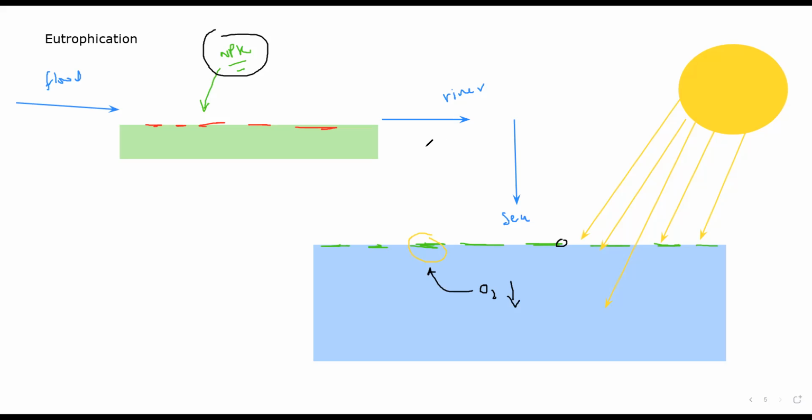How does it reduce the amount of oxygen? Because the water contains dissolved air. The plants also take oxygen. The plants which can grow on the surface of the water take oxygen from the dissolved oxygen in the water.